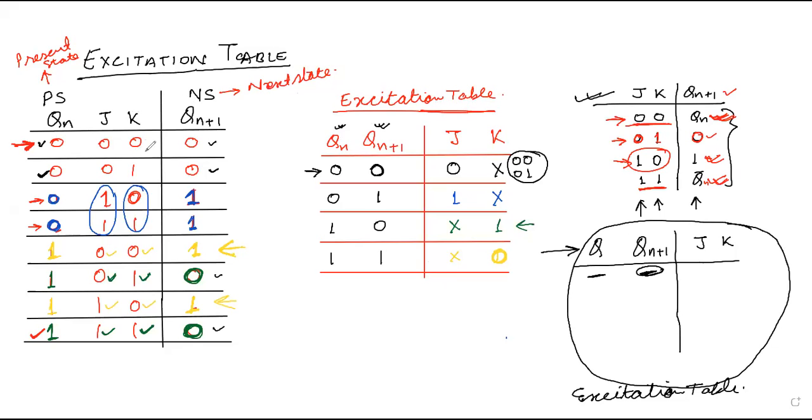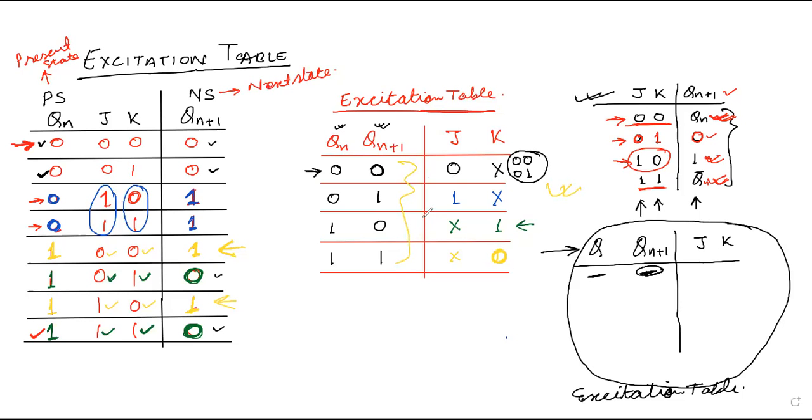In the basic truth table, we are giving the input and we are getting the output. But the excitation table is representing, we already have the possible combination of output and what should be the possible input for getting these combinations of output.